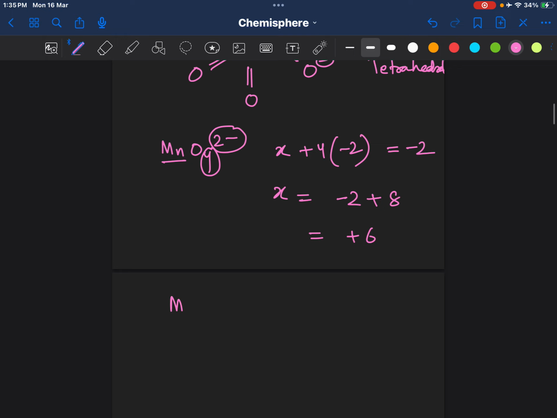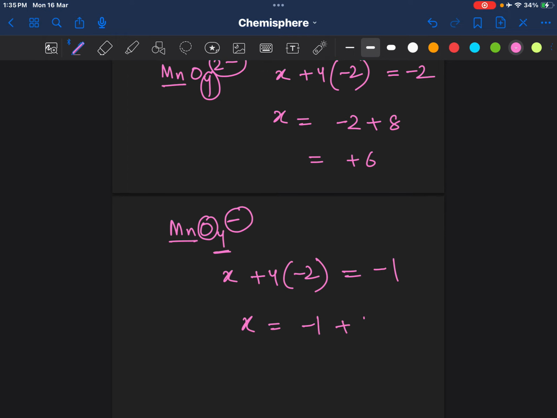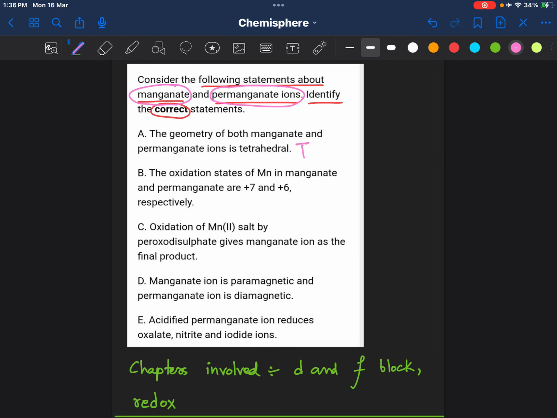For permanganate, MnO4 minus, assume Mn as X, 4 into -2 and total charge -1, so X is -1 plus 8, that is +7. In manganate it is +6, in permanganate it is +7. But the statement says manganate is +7 and permanganate is +6. So this is a false statement.